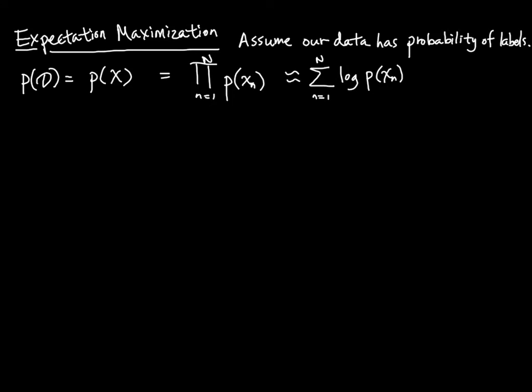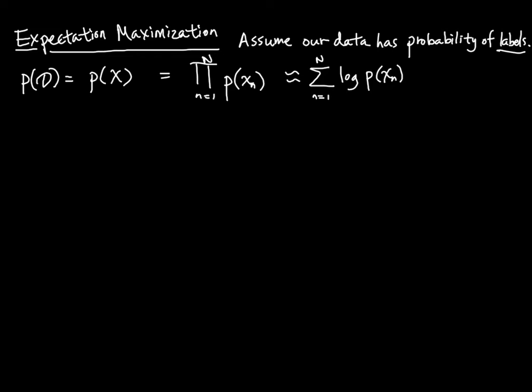So this comes to our expectation maximization algorithm. This is a little introductory proof for it. It's not very hard. We just need to know maybe one identity of convex optimization and then we're done. But pretty much we assume that our data has probability of labels, which is Z, as in the clusters.